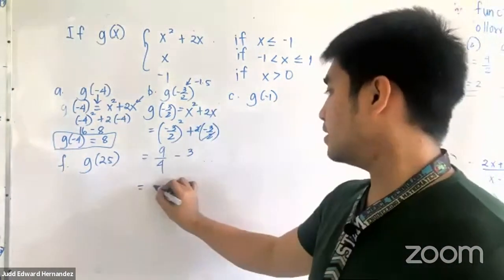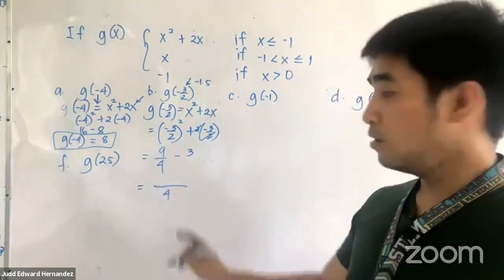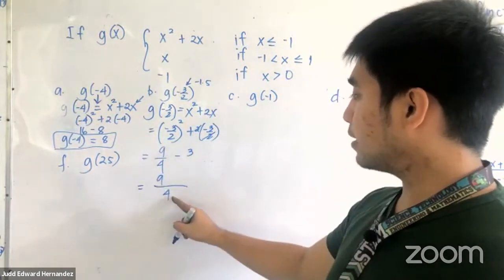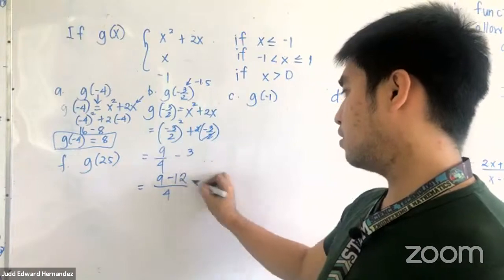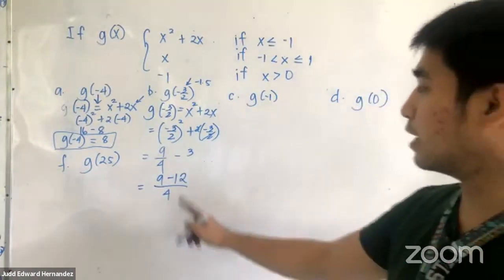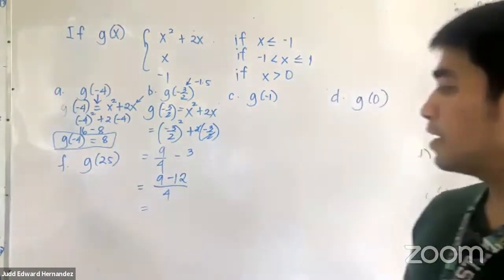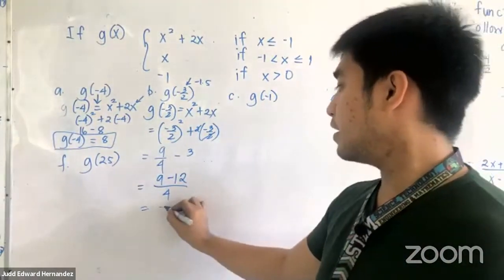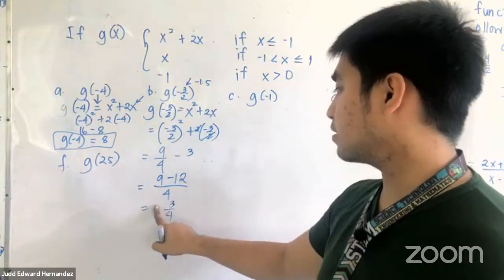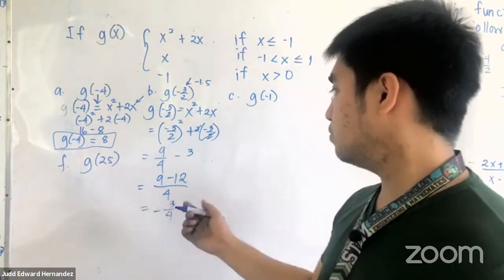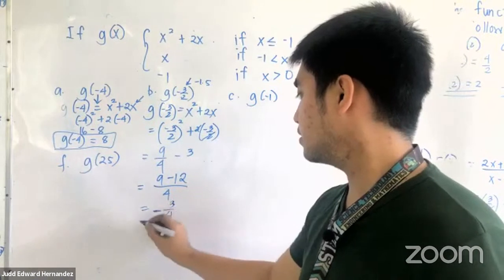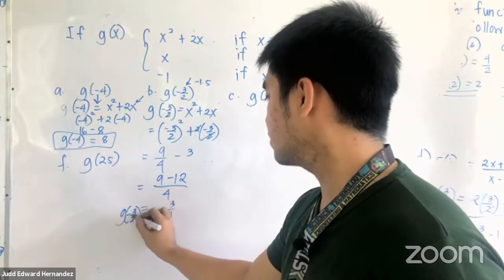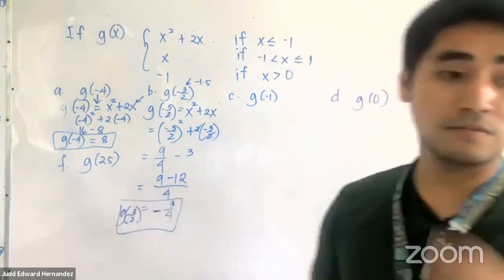The LCD now is 4. 4 divided by 4 is 1 times 9 is 9, and 4 times negative 3 is negative 12. Therefore, 9 minus 12 is negative 3, so the answer is negative 3 over 4. That is g of negative 3 halves.